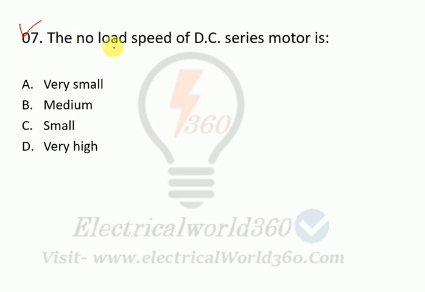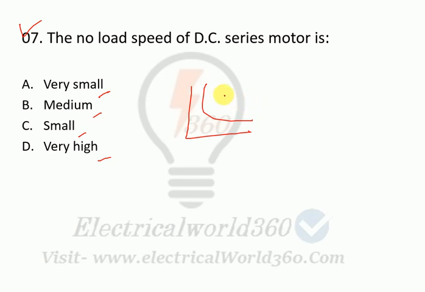This is the question number 7. The no load speed of DC series motor is very small, medium, small, very high. In this case, we should know the speed of DC series motor at no load is very high. So, suppose this is the graph of the speed and load.